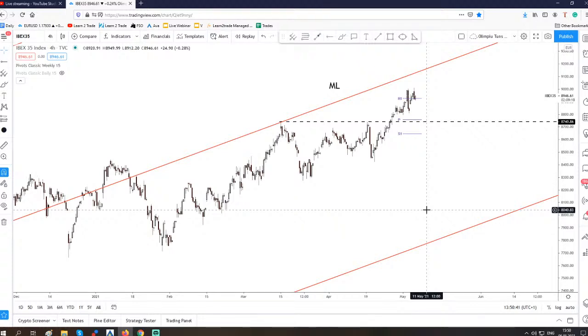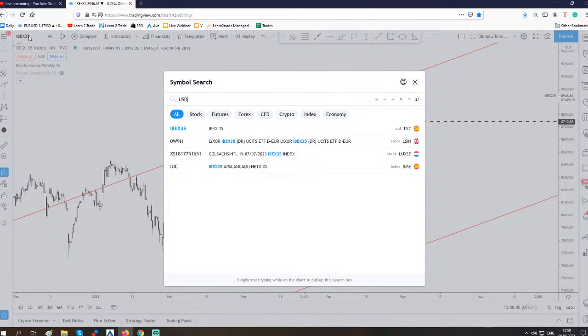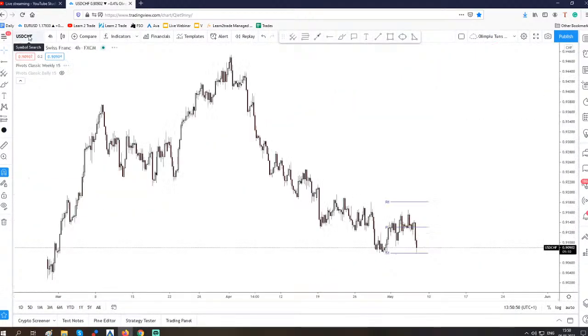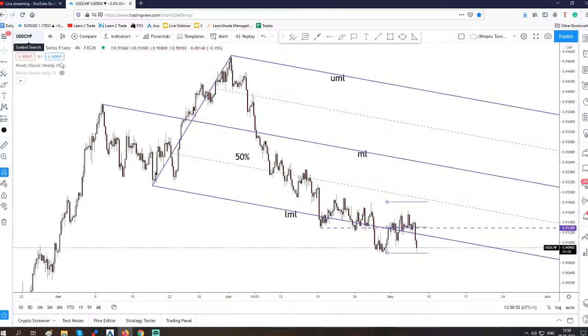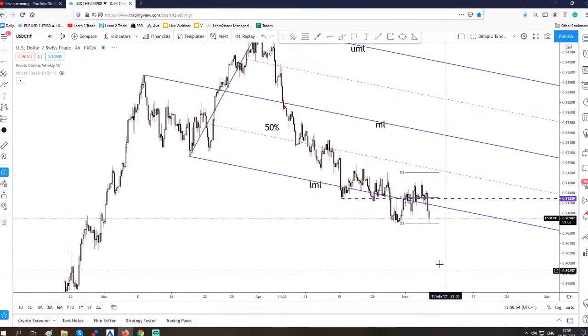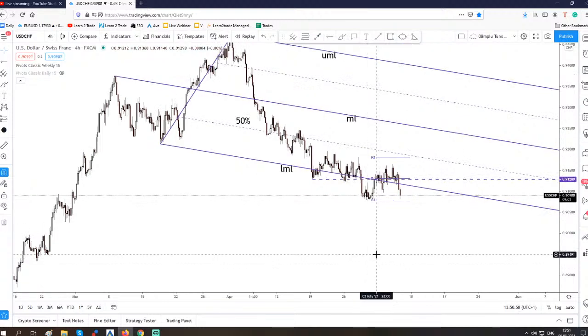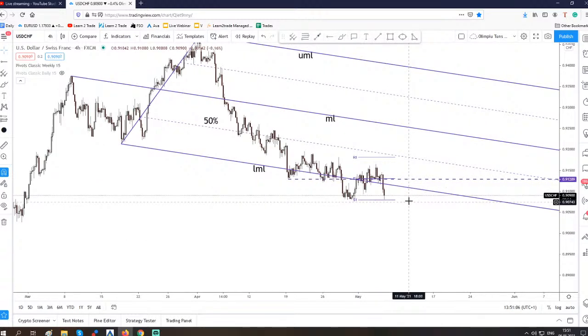Let's take a look on the US dollar versus the Swiss franc, and also on euro versus the US dollar. So the bias is still bearish here on the euro versus the Swiss franc, guys, only because the DXY, the US dollar index, has dropped again, and right now the price is pressuring the S1, the static support, 0.9079.